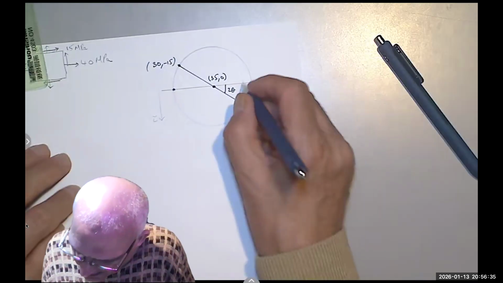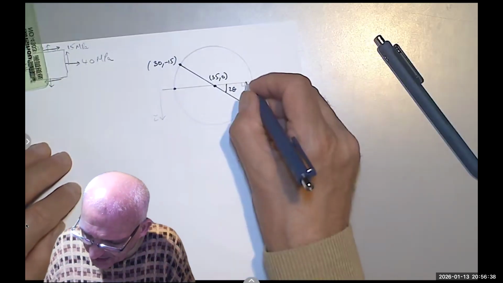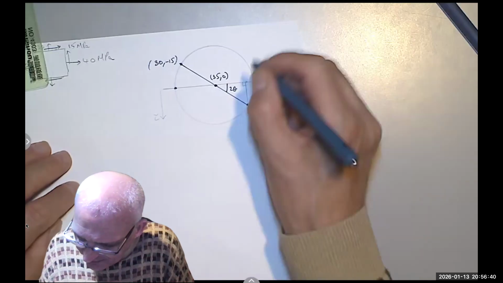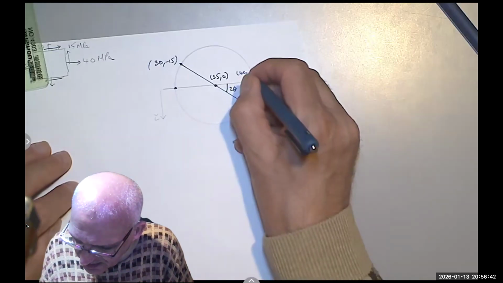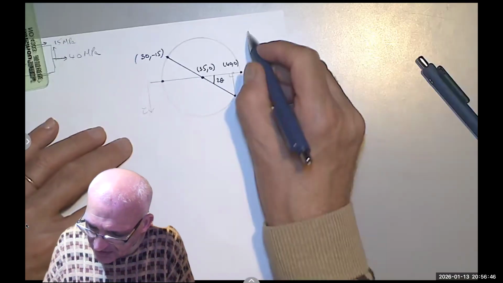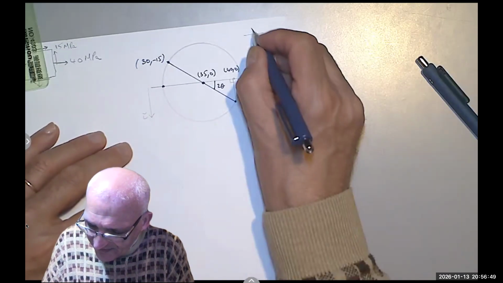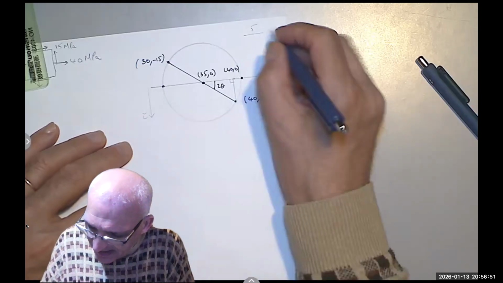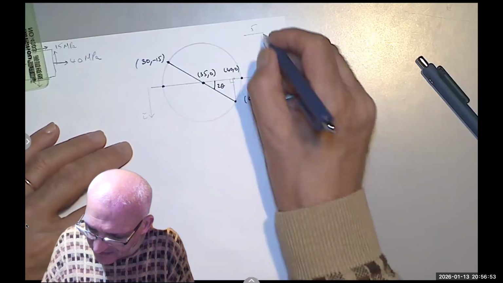Right? And I say this point would be 40 and 0. So really you can see a right triangle here, whose base is 5 from 35 to 40, and its height is 15 from 0 to 15.